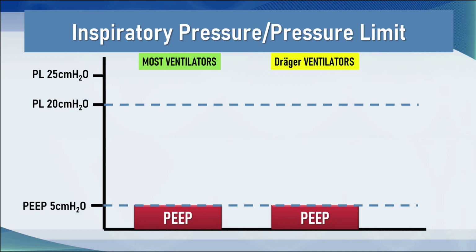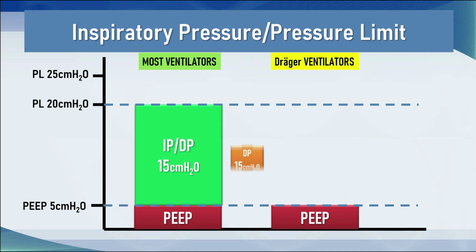And I've started off with a PEEP of 5 centimeters of water on both ventilators. The ventilator on the left, which is the Puritan Bennett, has an inspiratory pressure of 15 centimeters of water. So when this ventilator cycles, the driving pressure is 15 and the pressure limit is 20, and that results in a tidal volume of 450 mils.